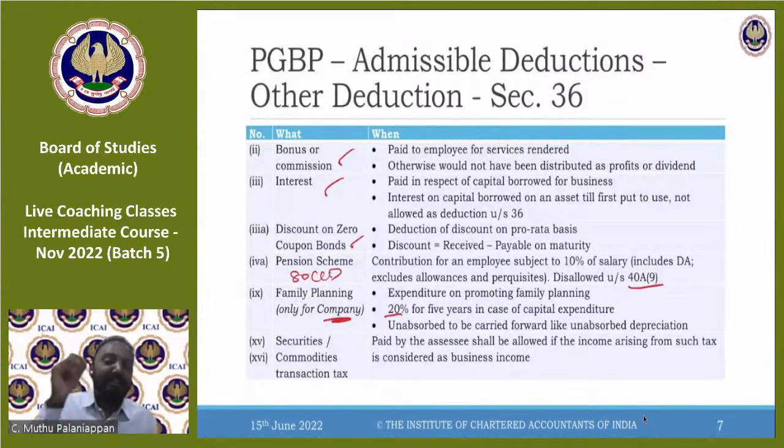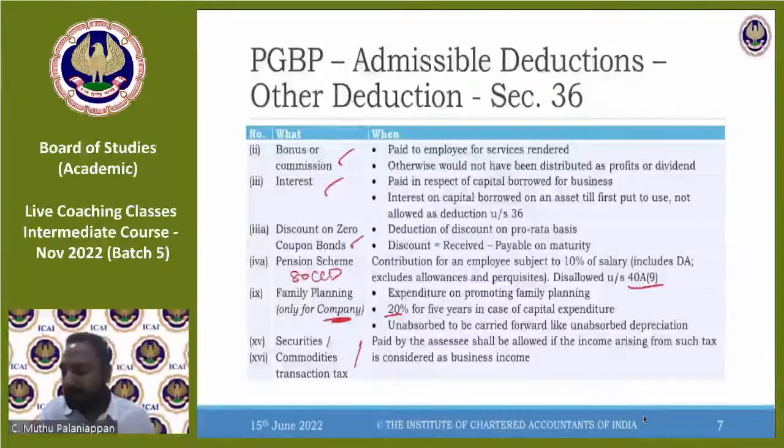It is a tax levied by the stock exchanges for transacting in the security market or commodity market. That is an eligible expenditure to be claimed under section 36. Whatever is paid by the assessee as securities transaction tax or commodity transaction tax is eligible. So that's what this is about.